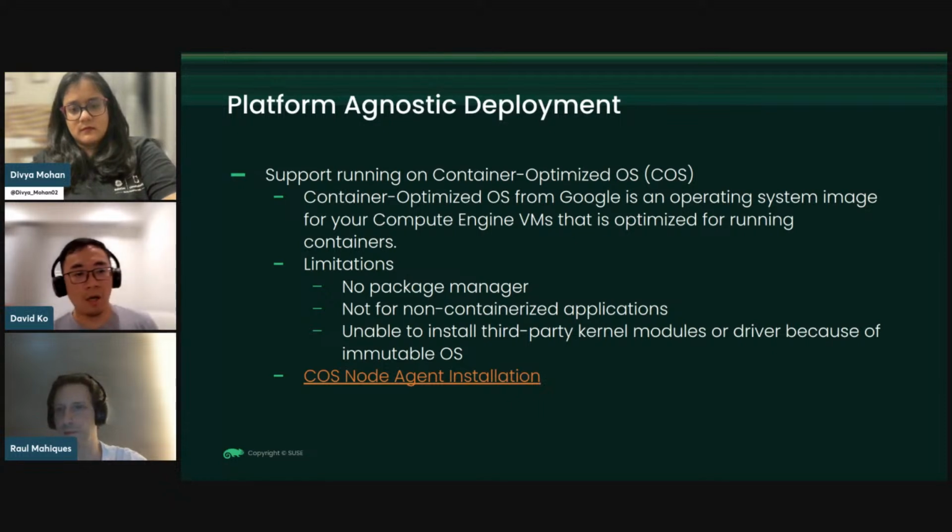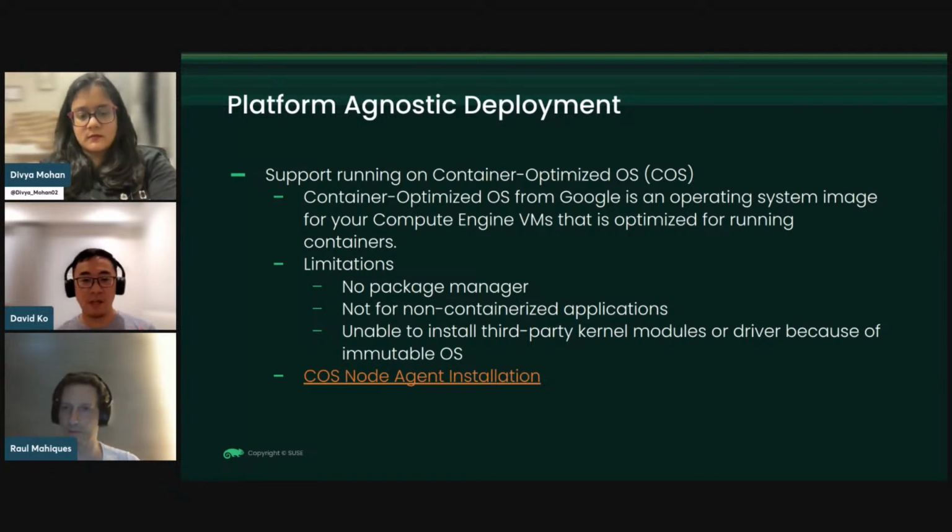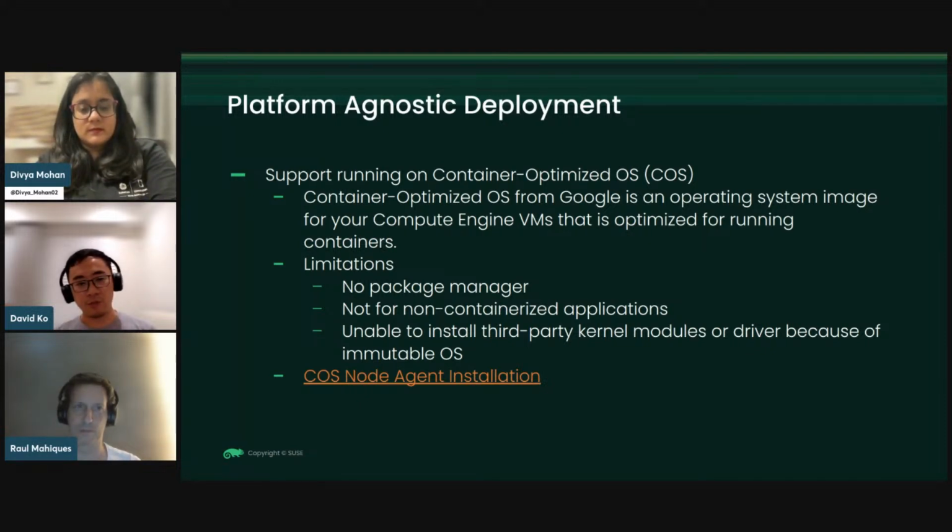Okay, so the next is platform agnostic. We support what I said before, deployment agility. So we support SUSE Micro, immutable operating systems. We also support Talos, NixOS, and right now, in this version, we support COS. It's the Container-Optimized OS by Google. And there are some limitations for that.